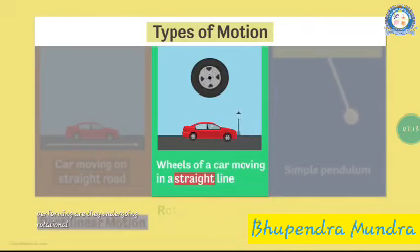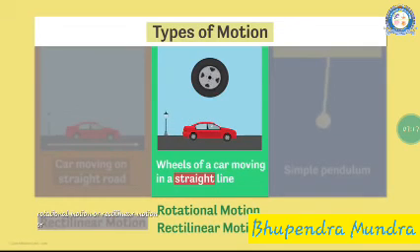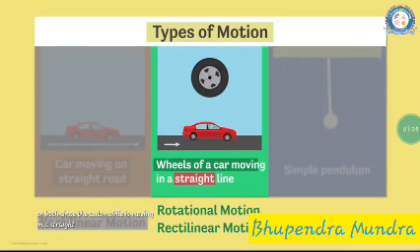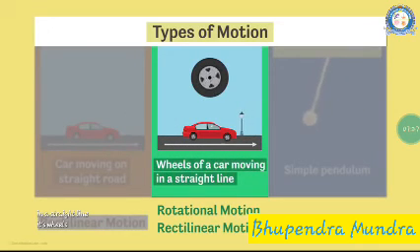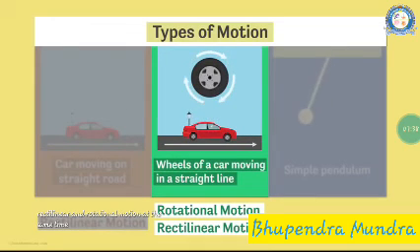Are they undergoing rotational motion or rectilinear or both? Since the automobile is moving in a straight line, its wheels are undergoing both rectilinear and rotational motion at the same time.